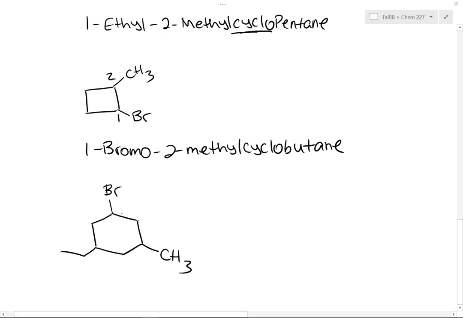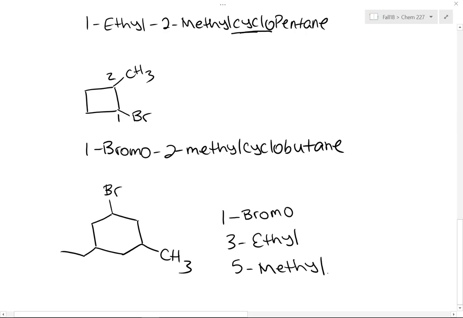Okay, so we're going to give the bromo the 1. Then we have to choose between the ethyl and the methyl, because either way we go, it's going to be 3. We're going to give the ethyl the 3. Again, we're going in alphabetical order. And then lastly, the 5 for the methyl.